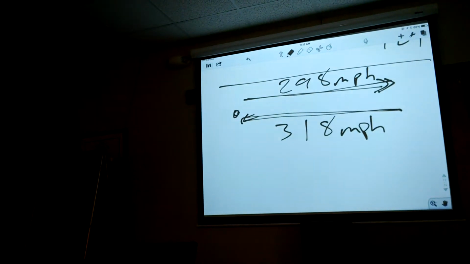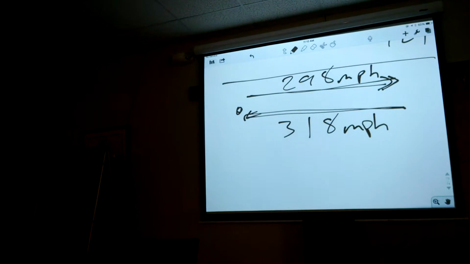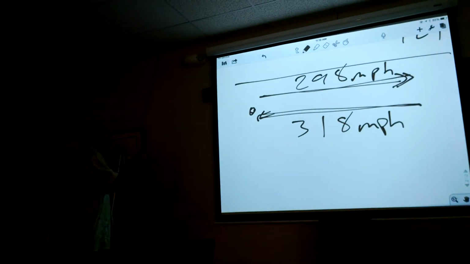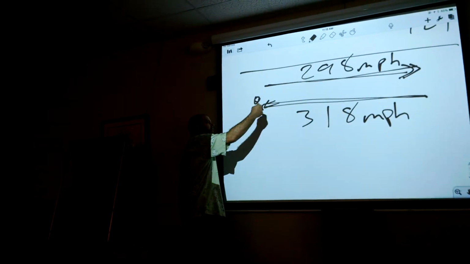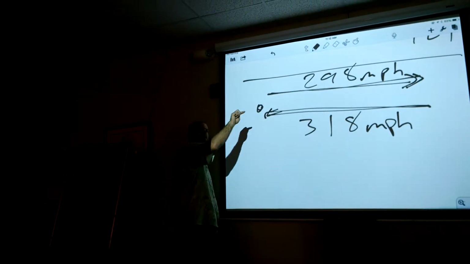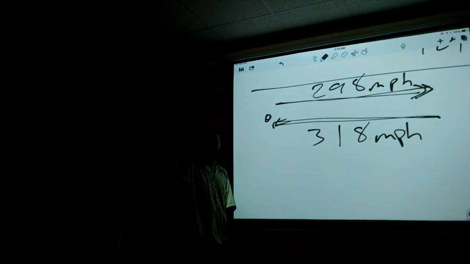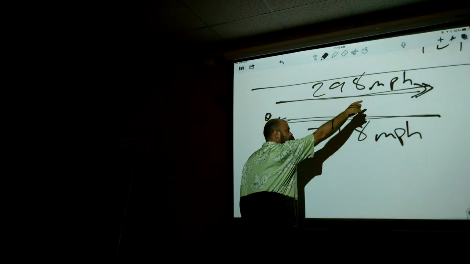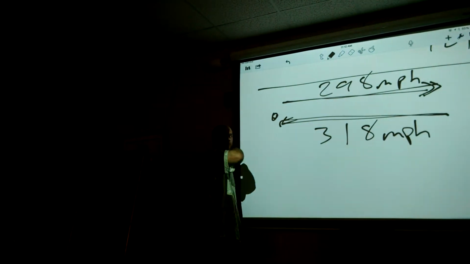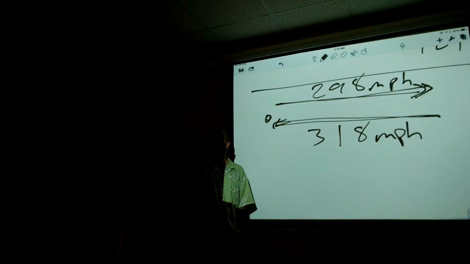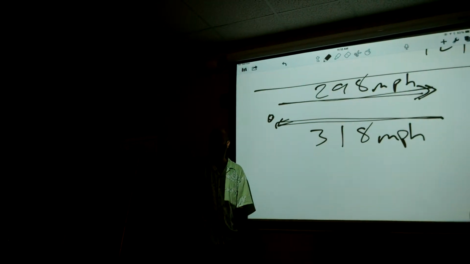Okay? And then the other part: what if I had stated the problem and said the distance back took 2 hours longer than the distance out? In the problem statement, I said this trip took 2 hours longer than this trip. If I had done it the other way, what would your intuition tell you?